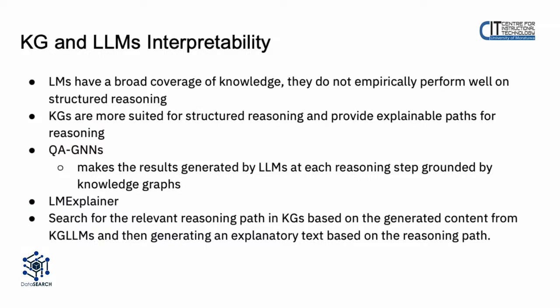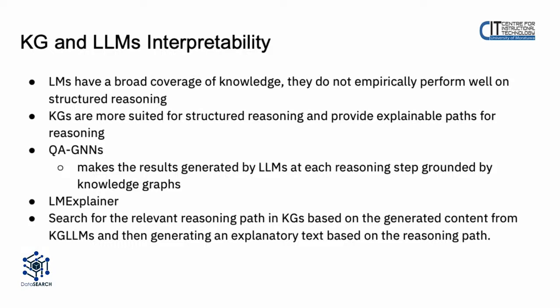So when an LLM produces an answer, we can go back to the knowledge graph and track the reasoning path for it. And there are other models coming up like LM Explainer. The basic idea is you retrieve the reasoning path from the knowledge graph based on the generated content from these LLMs, and that becomes an explanation.